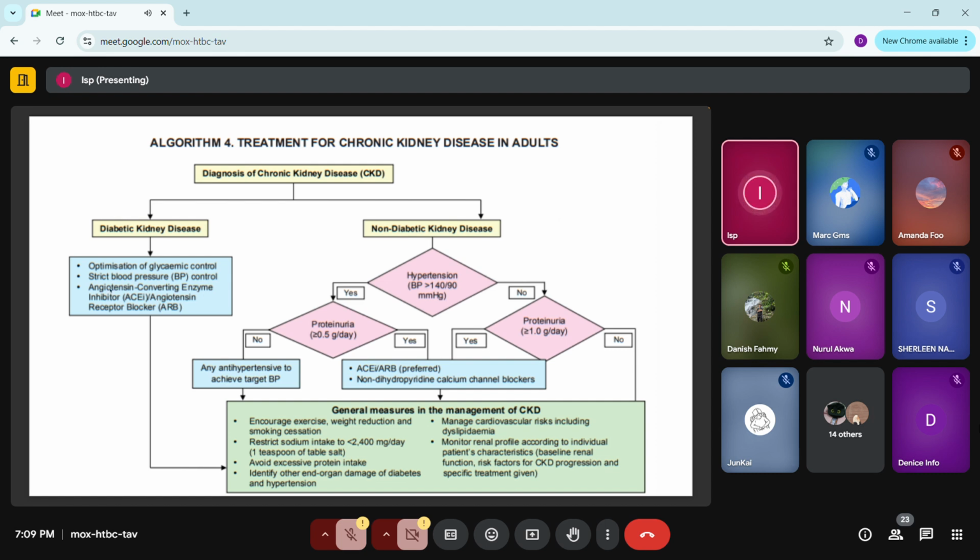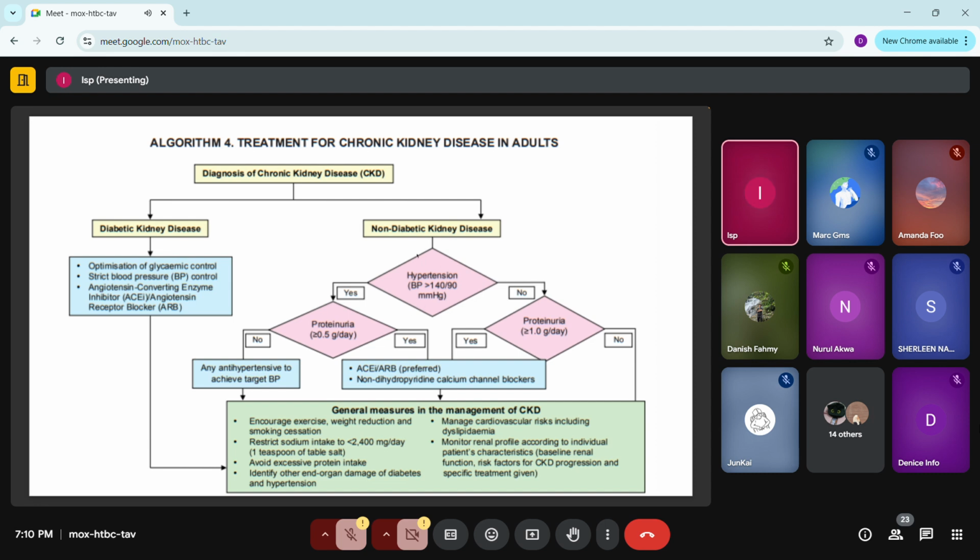Either ACE or ARB, because those are proven to reduce the proteinuria and also reduce the cardiac mortality. Okay, so ACE inhibitor is one of the very important medications in management of chronic kidney disease patient. In non-diabetic patient, they have no diabetes to control, so you have to control your blood pressure.